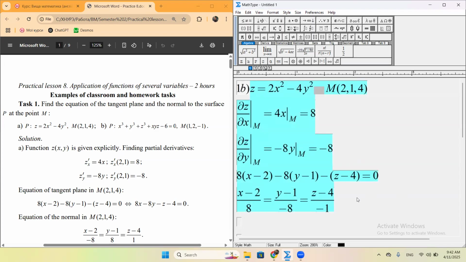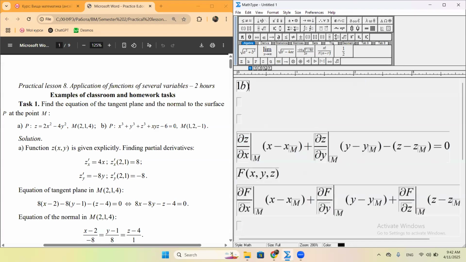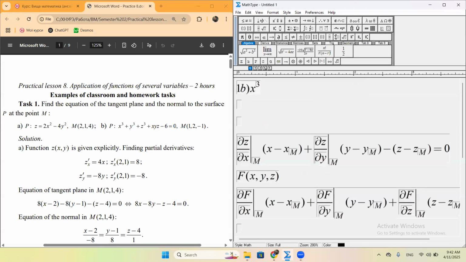So we will have another kind of function. Now we have function z that depends on x and y, but it is given implicitly.